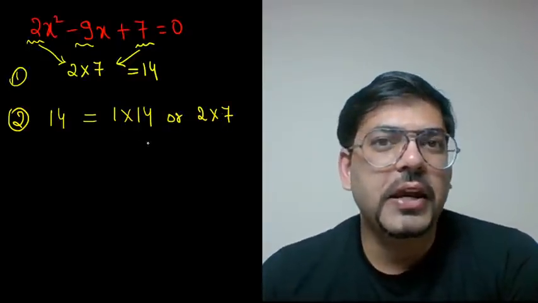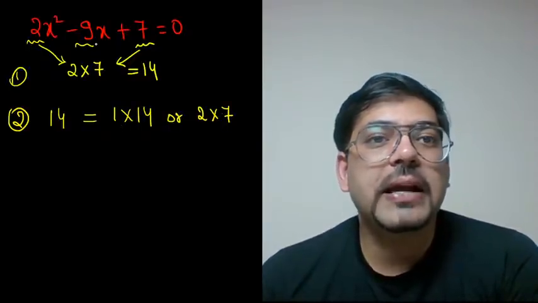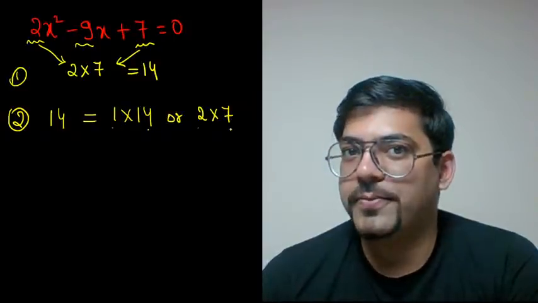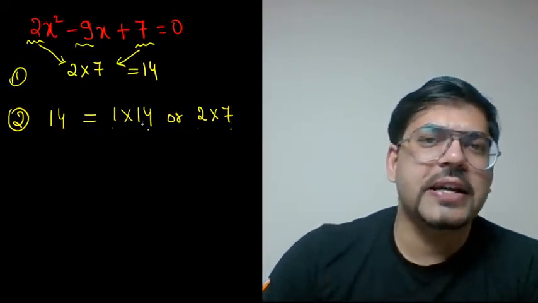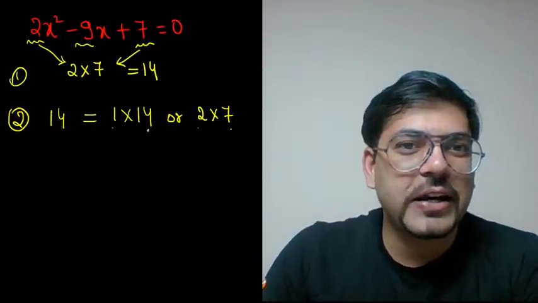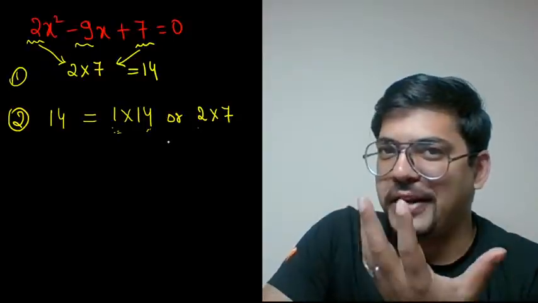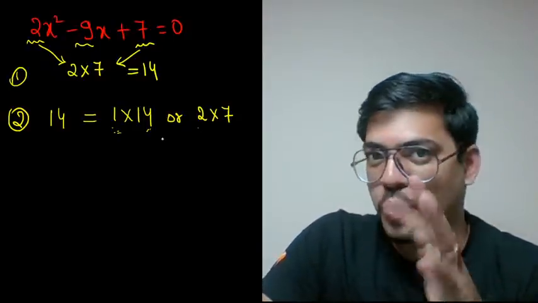Now you just answer me, how will you be able to make minus 9 using 1 and 14 or 2 and 7? Can you make minus 9 by adding or subtracting 1 and 14? Is there any possibility? Obviously no. I think you might be understanding no.